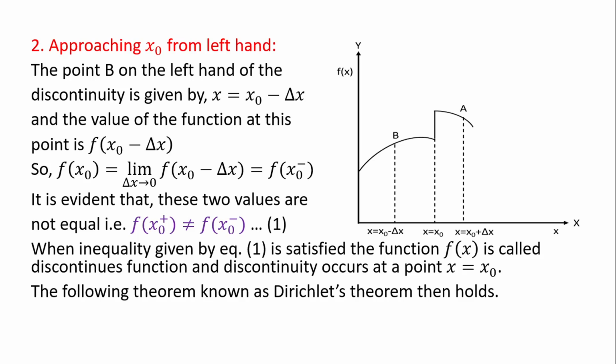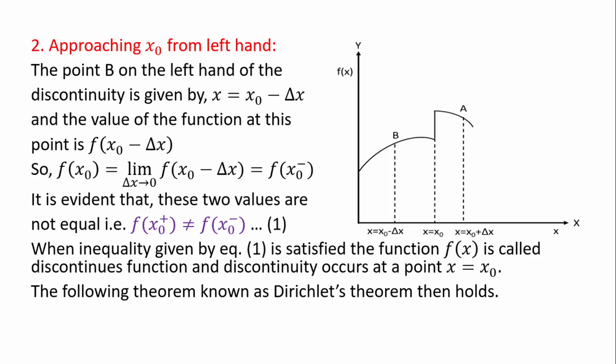Now consider a point B towards left side of the jump x equal to x0. Then it has some lower value. Let us denote it by x0 minus delta x. So as it is indicated by point B on the figure.